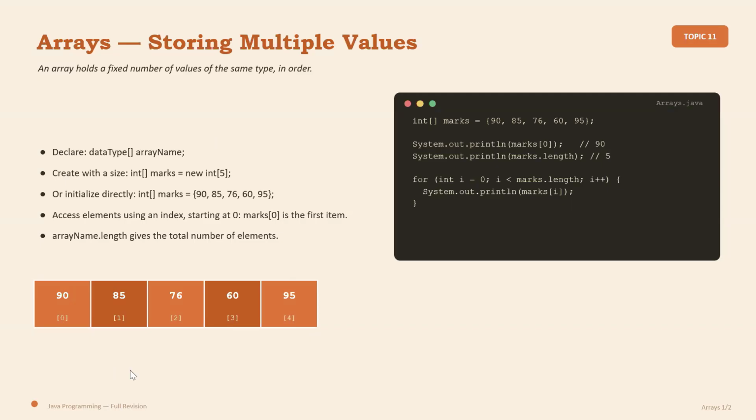So array stores multiple values of the same type. And array indexing starts at 0. And you can use array name dot length to find the number of elements in the array.